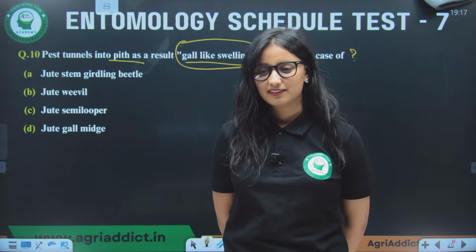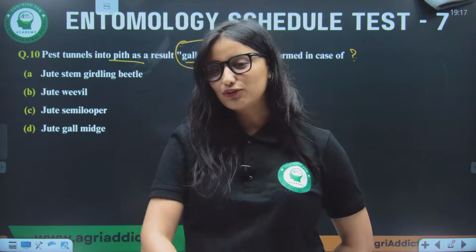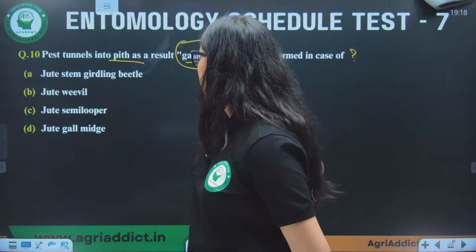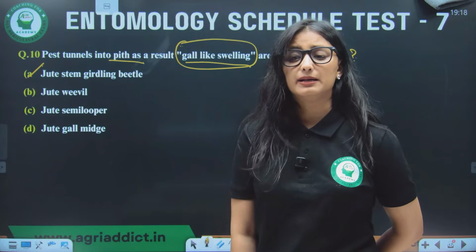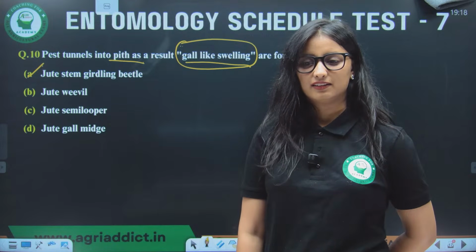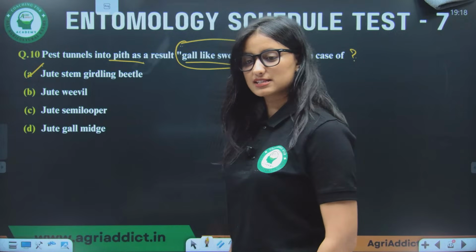Answer this correctly. Don't do this. If anyone is answering D, the comment section is full of D, D, D, D. Don't do this. No, no. This is not B. This is A. Jute stem girdling beetle. Okay? Very good. A is the correct answer.